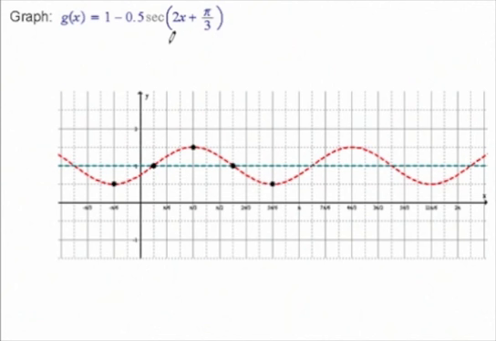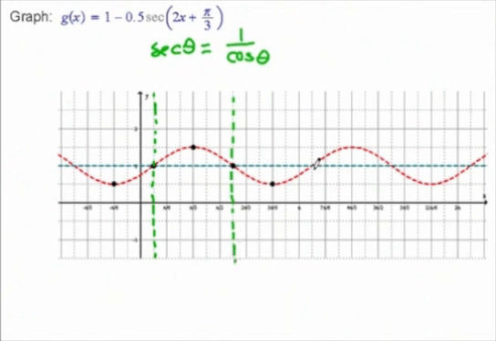For secant, though, since secant of theta is equal to 1 over cosine of the angle theta, what's going to happen at these intercepts of the x-axis that was translated up is we're going to get vertical asymptotes. So we're going to get a vertical asymptote anytime this thing crosses the middle line, which would be here, here, and I'll put this one in over here, and this one back here.